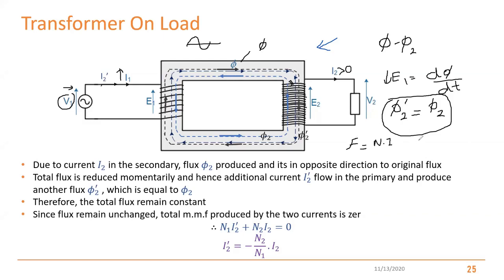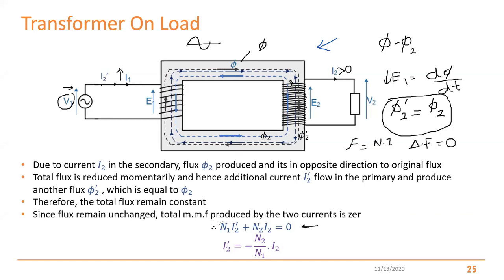Suppose the net change in the magnetomotive force is delta F, then it is 0. So you can write it like this.